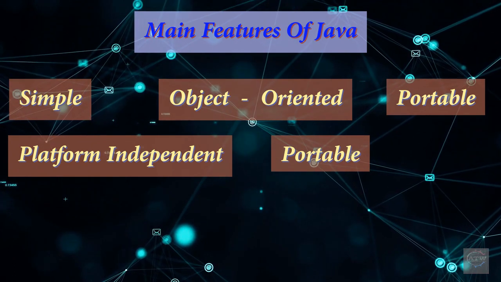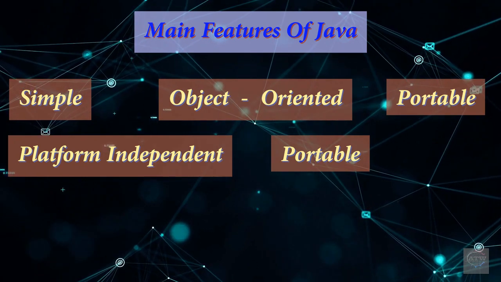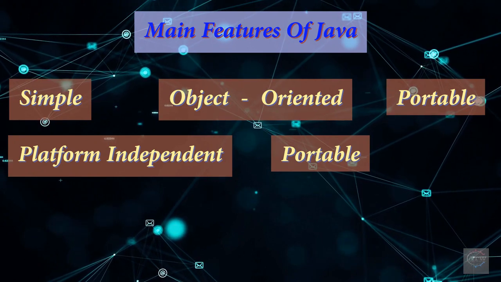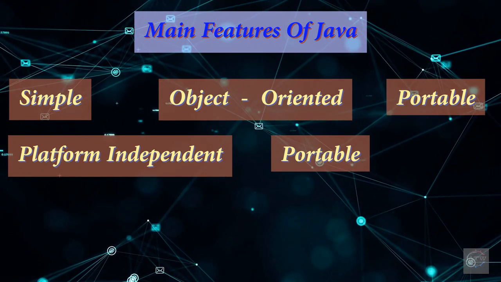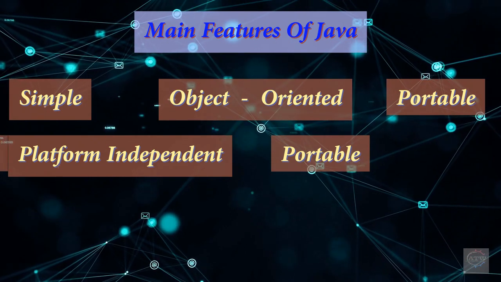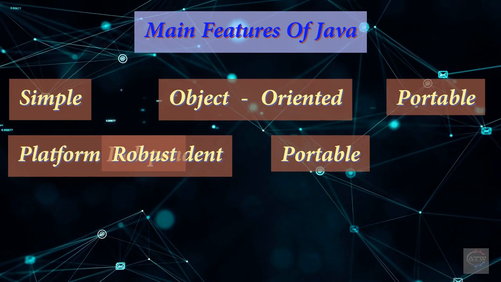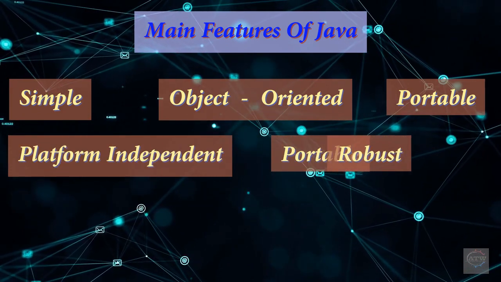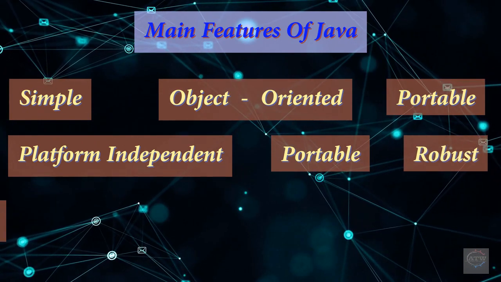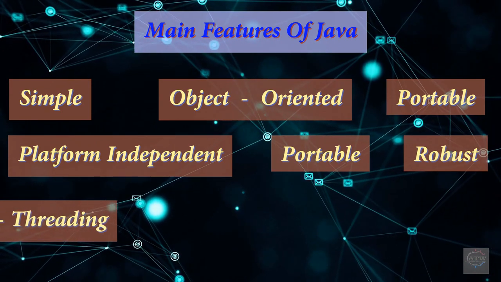That means you can compile in one place and interpret the bytecode on any machine or operating system where the Java Virtual Machine is installed. So that is why Java is platform independent. Java is portable: as we discussed earlier, write once and run anywhere. You write your source code, compile it, and run it anywhere the proper JVM is installed.